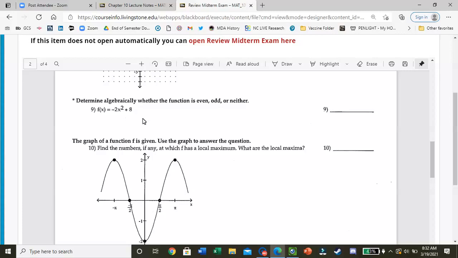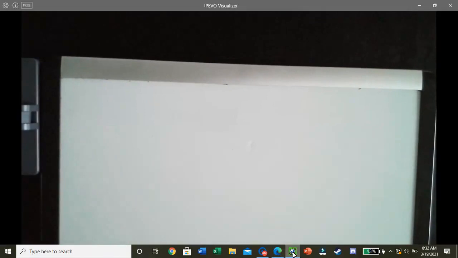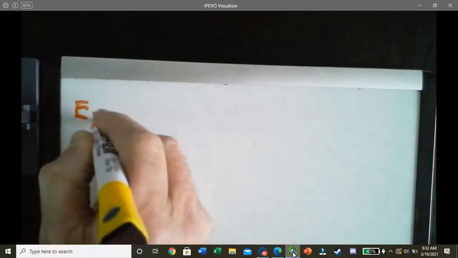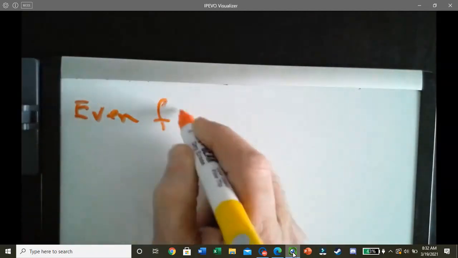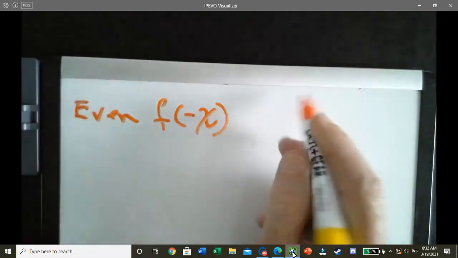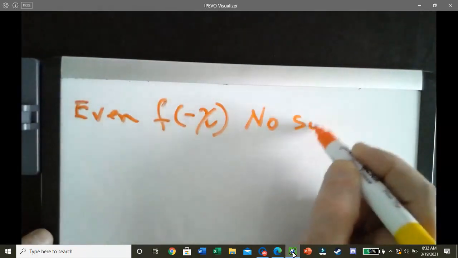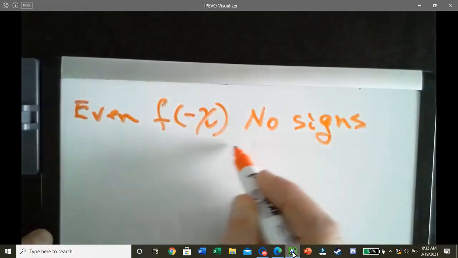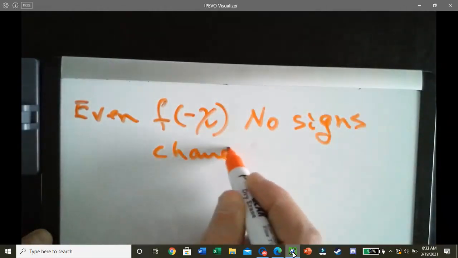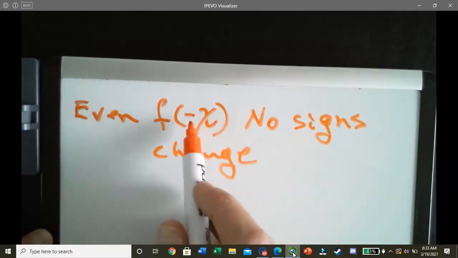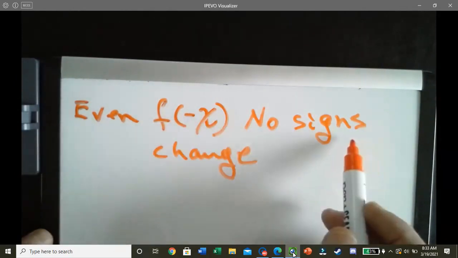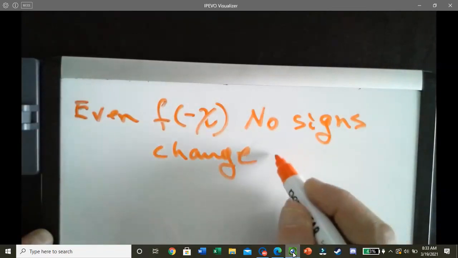To determine if a function is even, odd, or neither: if we substitute negative x into the function and no signs change, then the function is even.